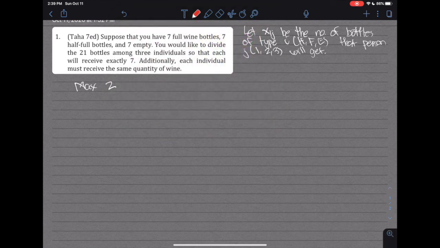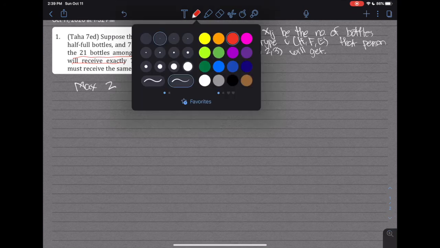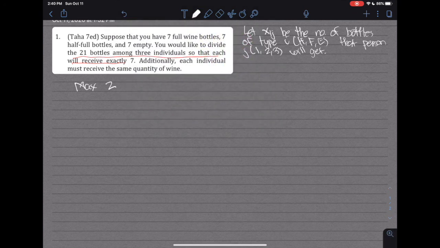For our first constraint, we would like to divide the 21 bottles among 3 individuals so that each will receive exactly 7. So this just means that each person should get a total of 7 bottles. Let's model the number of bottles that person 1 will get.